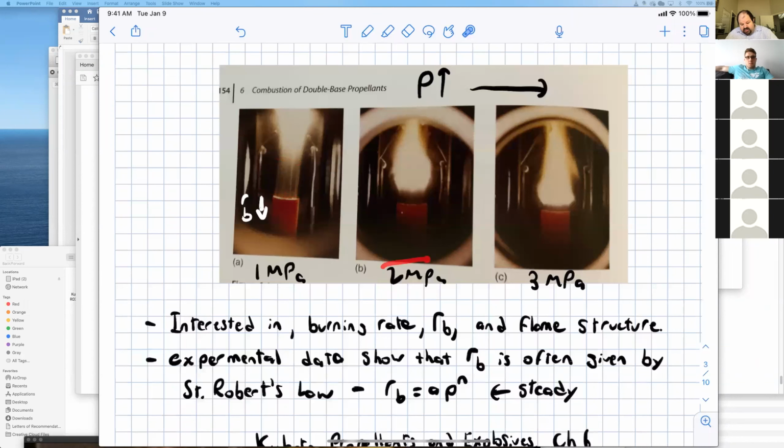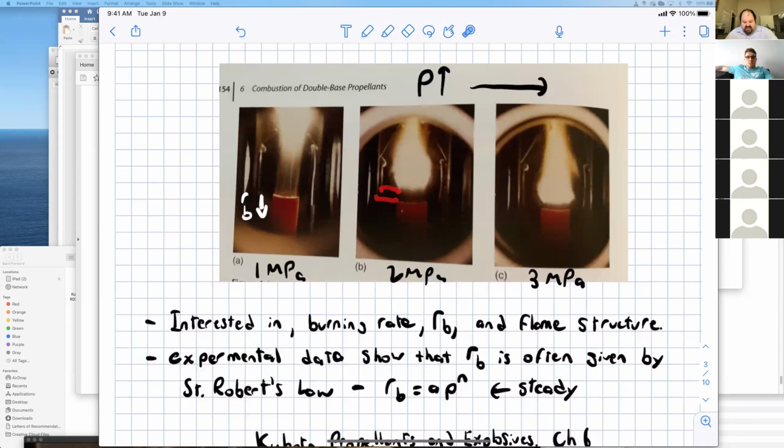But if we double the pressure, the distance it takes for these species to ignite and burn to form a luminous flame is significantly reduced. And if we increase the pressure further, this distance is reduced even more.